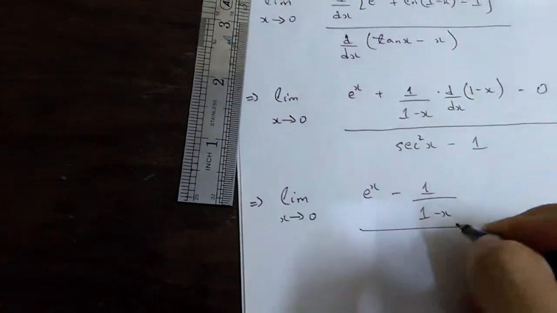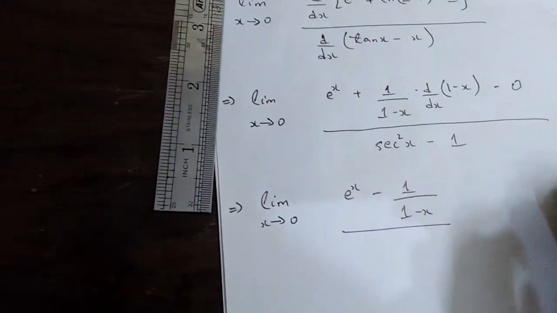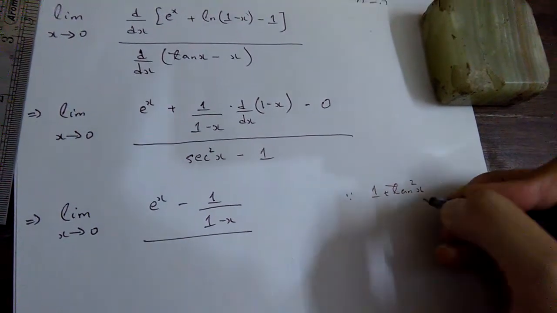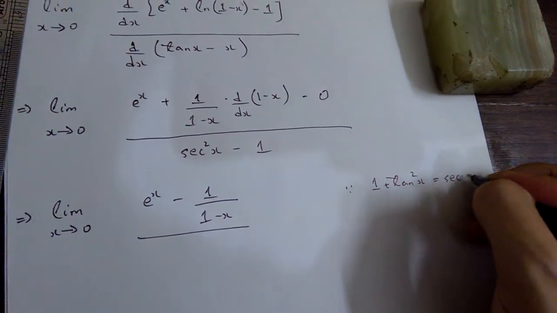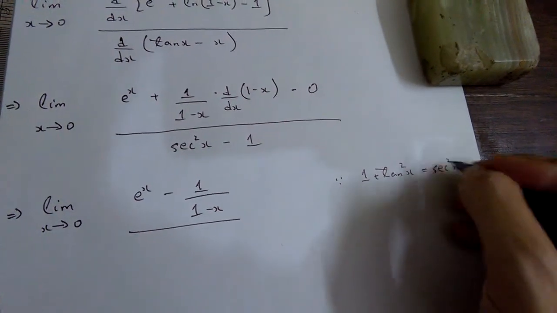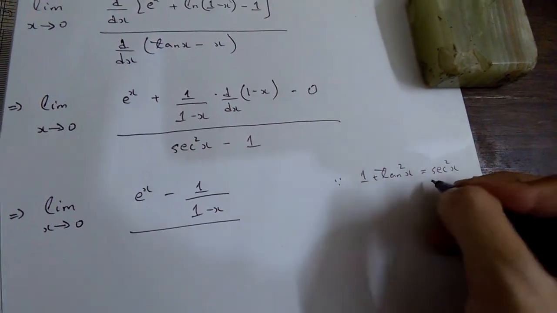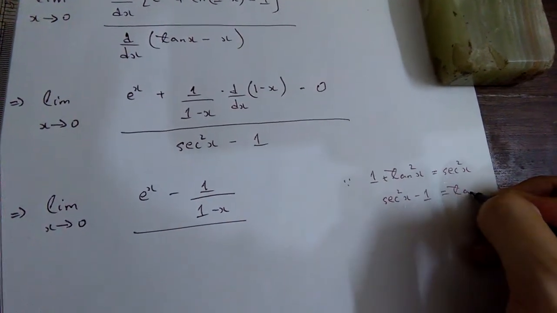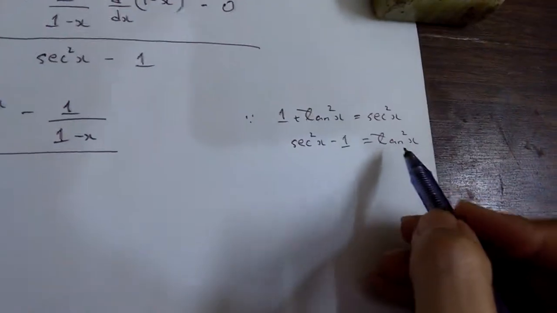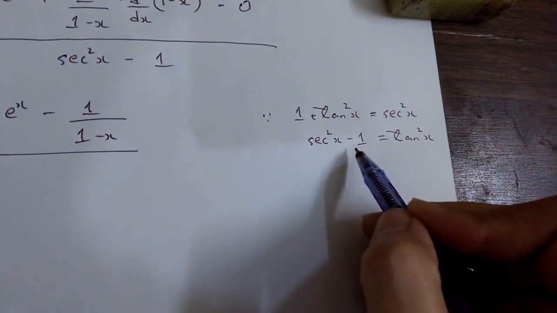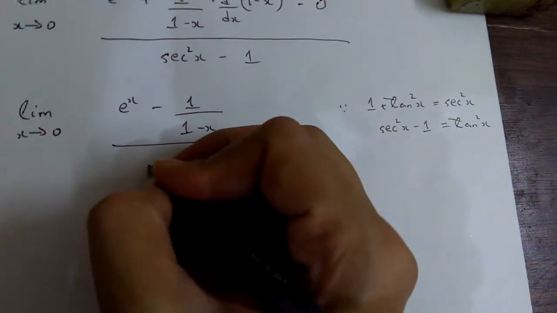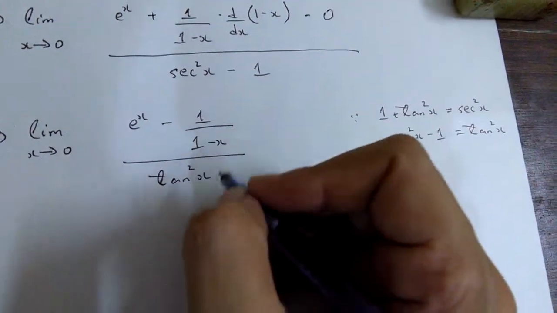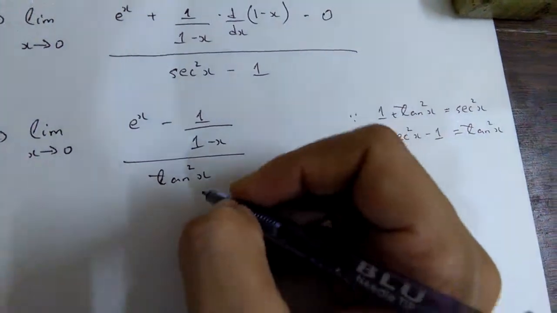That's what we get, upon secant square x minus 1, which is your tan square x, because we know the trigonometric relationship 1 plus tan square x is secant square x. So secant square x minus 1 is tan square x. We replace secant square x minus 1 by tan square x. We're just trying to make our function as simple as possible. Now in the numerator, I can take my LCM.